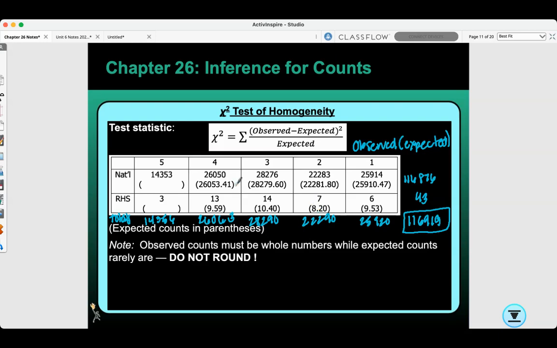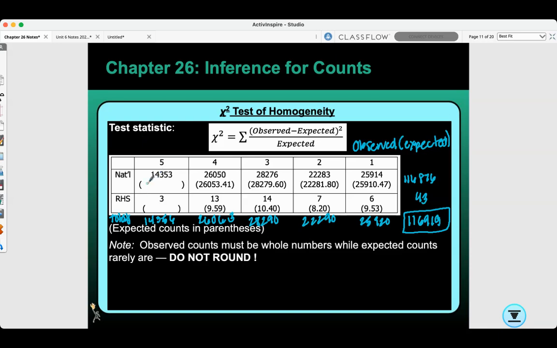So to find my expected count here, for this first one right here, we'll do it over to the side. It would be your row total times your column total divided by your total. Okay?